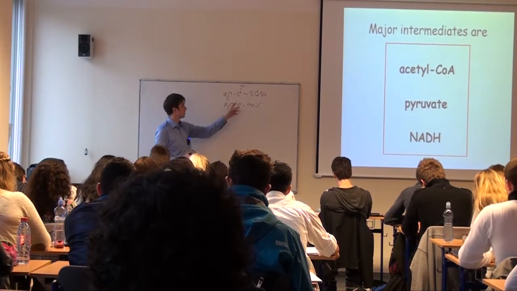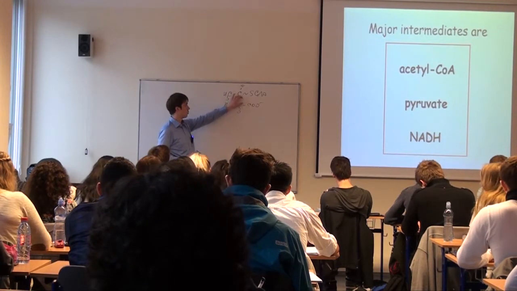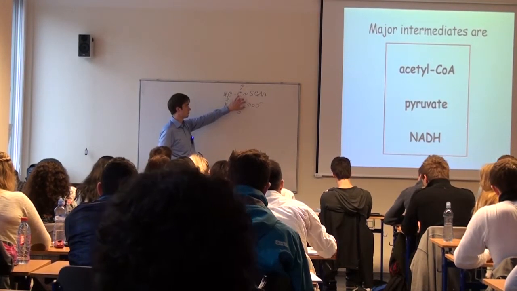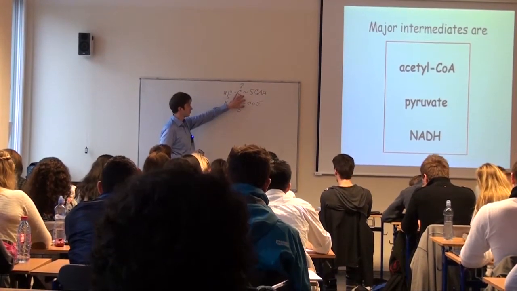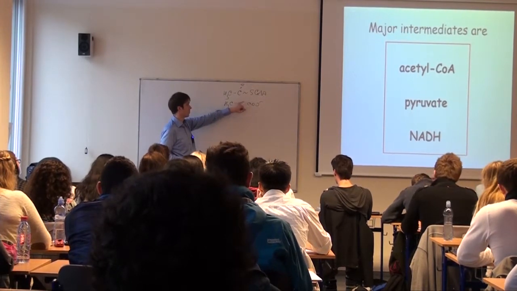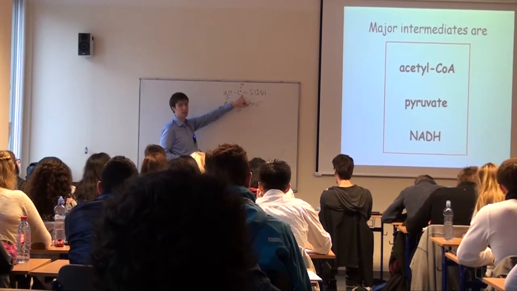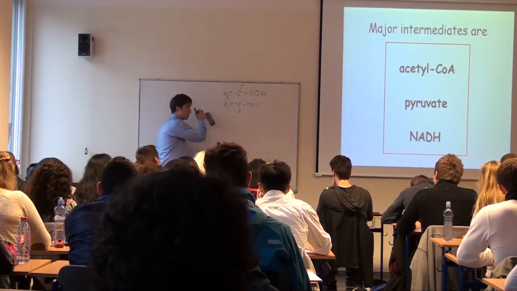You see that they are very similar, yes? And there is only one reaction between them. The reaction is called the pyruvate dehydrogenase reaction, when we transform pyruvate to acetyl coenzyme A. So these two formulas you have to know.